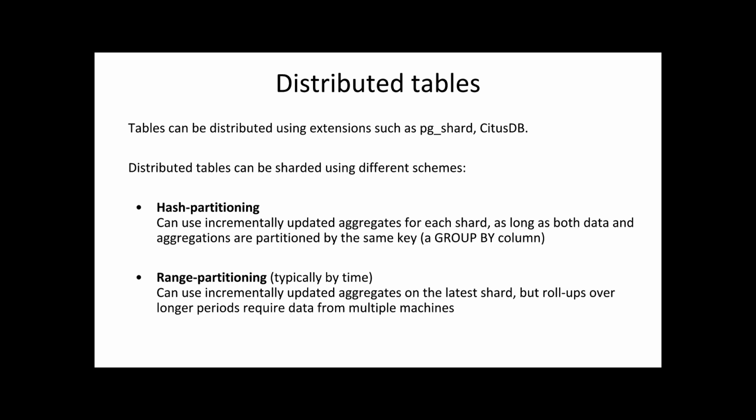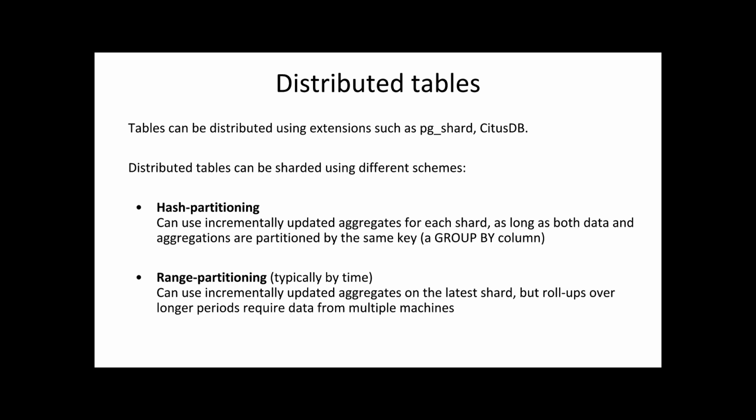You can also use range partitioning. A very common use case is to range partition a table by time, such that new data can be loaded in bulk. And you can use this technique on whatever the latest shard is. So you keep cached aggregates for all the older data, and then you keep incrementally updating the aggregate for the latest ones.